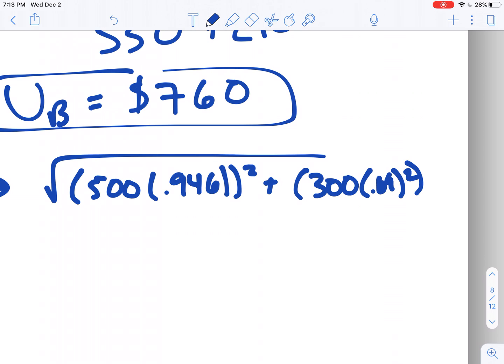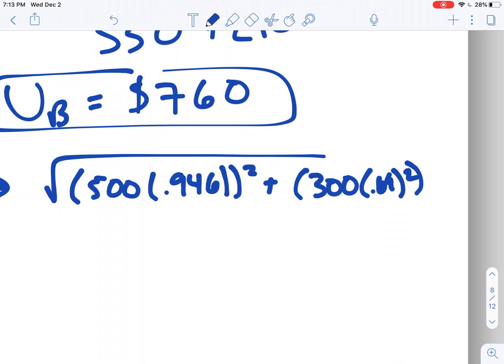So we have to multiply those original standard deviations by their multipliers, and then we have to square them. So it's an extra step, and we have to make sure that we're keeping these separate. I cannot just multiply those numbers out.